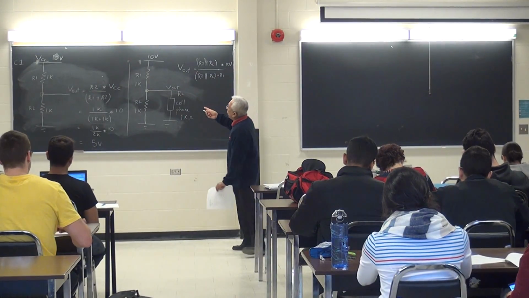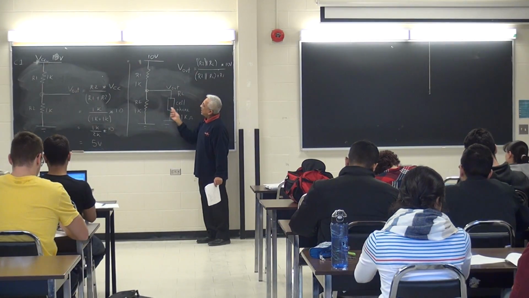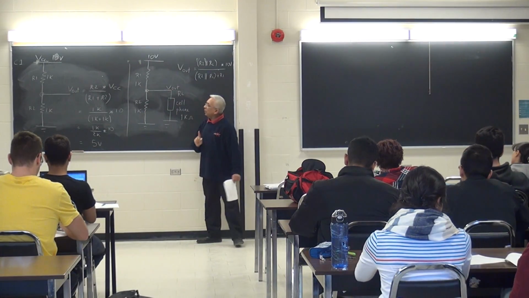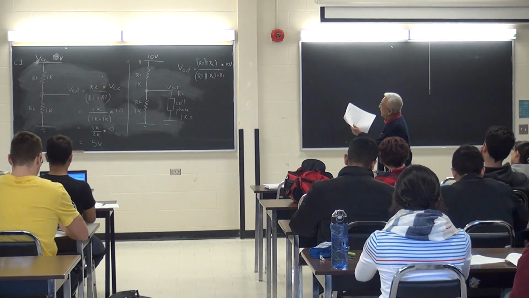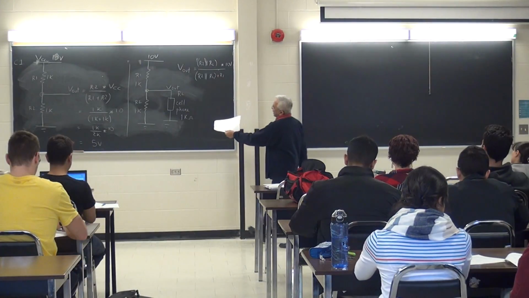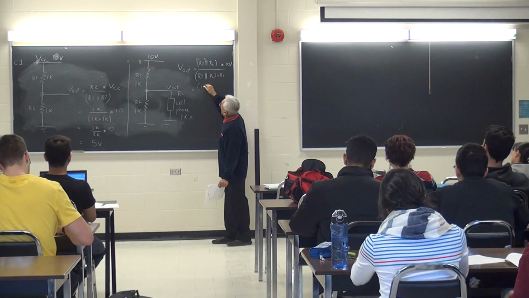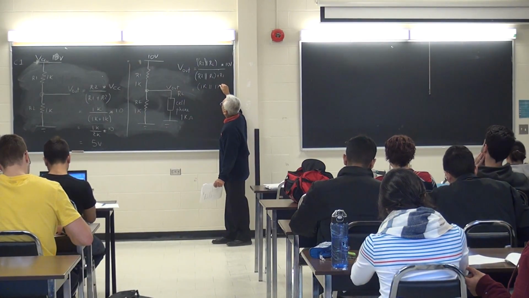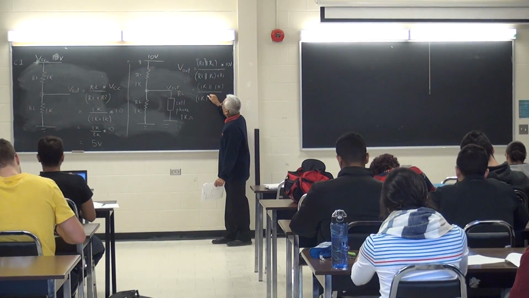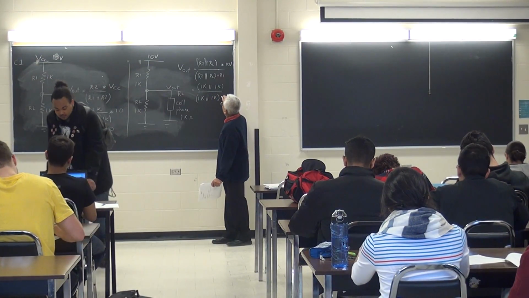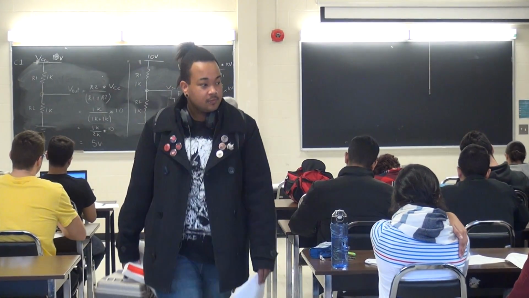I have to find an equivalent resistance. So the equivalent resistance here is what? R2 in parallel with RL. Now I'm going to calculate V out given the load resistance is 1K. So how much does this become? 1K in parallel with 1K divided by 1K in parallel with 1K plus 1K, times 10 volts.